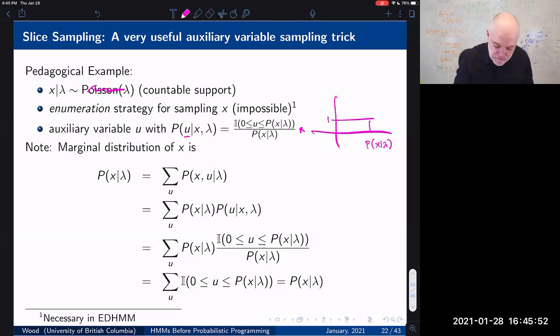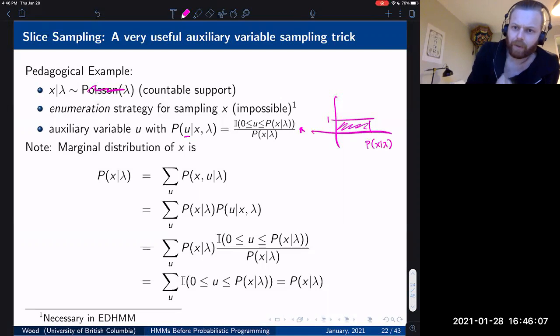That make sense? So it's 1 there, 0 everywhere else. It's 1 when it's between 0 and P of X given lambda, the value of P of X given lambda, 0 everywhere else. So if you were to draw the Poisson distribution here, it would touch the upper right-hand corner of that block.